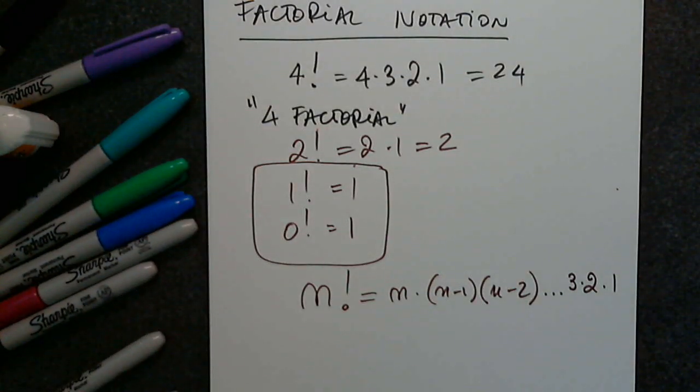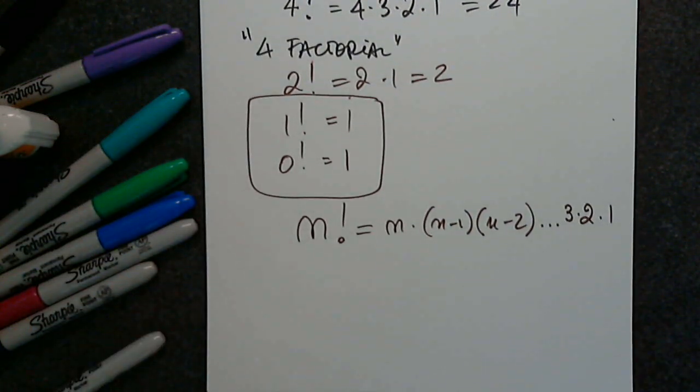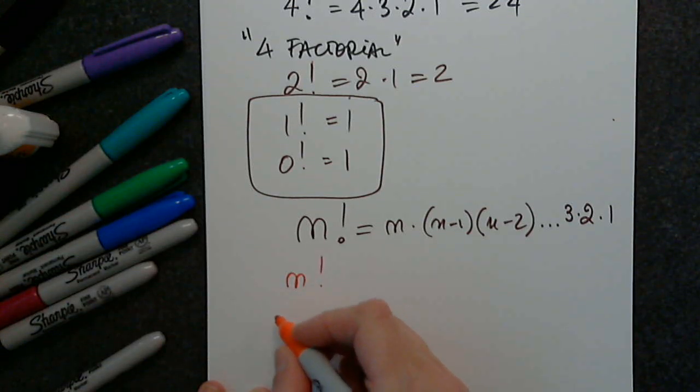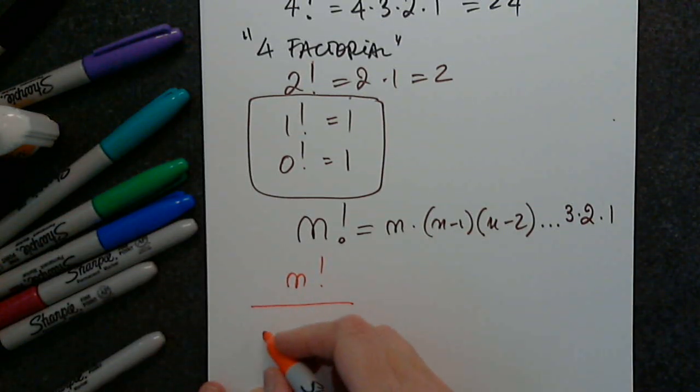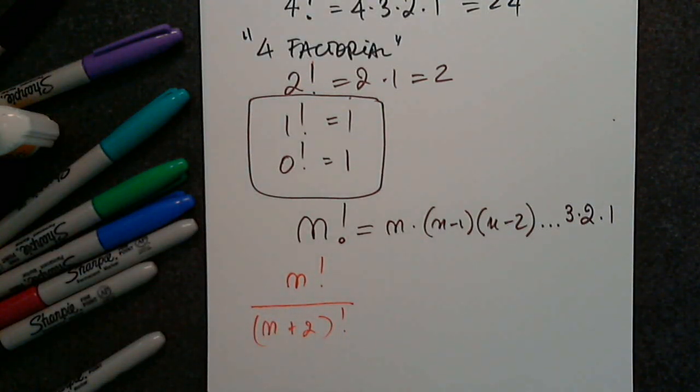Okay, now let's suppose we want to simplify an expression with factorial notation. Something like n factorial divided by, let's say, n plus 2 factorial. As you see, you can't use parentheses to replace or simplify anything.